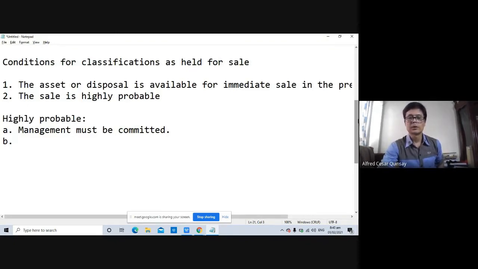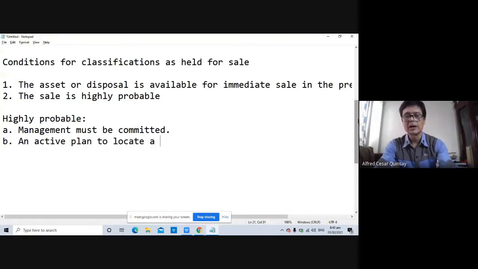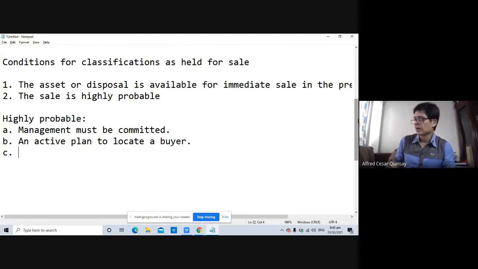Letter B is yan, para masabing highly probable. Okay, so number 2 or letter B is an active program to locate a buyer and complete the plan must have been initiated. So there should be an active plan to locate a buyer. So maghahanap sila ng buyer nung mga assets held for sale. Kumbaga, determinado sila na hanapin yung buyer na yon.